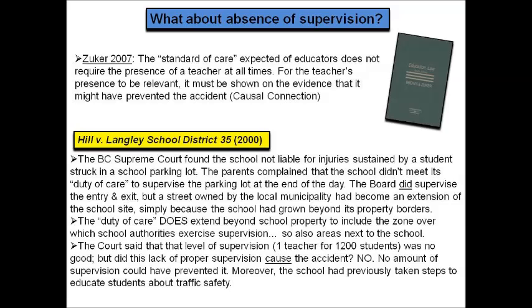So even though there wasn't adequate supervision, it wasn't found that there was a causal connection between the accident and the lack of supervision. Keep that in mind: there always has to be a causal connection proven between absence of supervision and an accident that occurs on your watch.